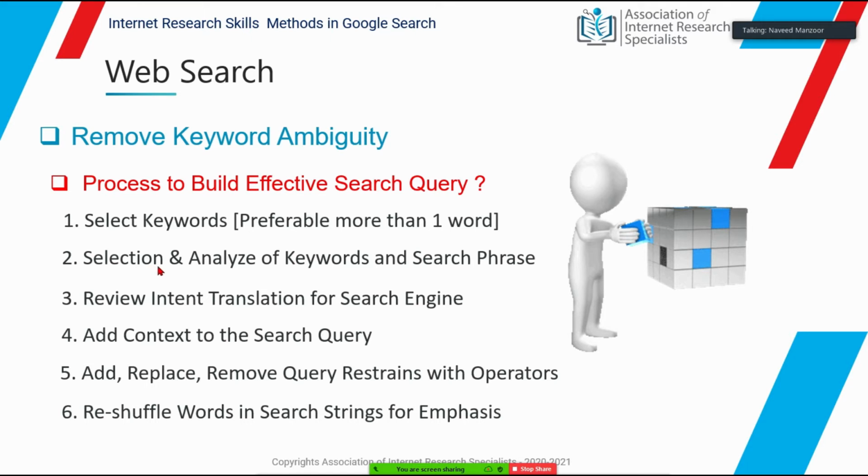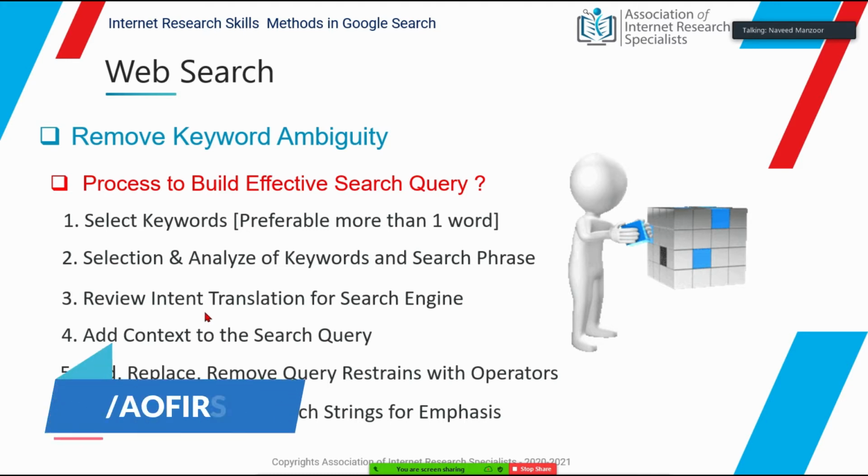We have to analyze keywords and search phrases. We have to review intent translation for the search engine. The better we understand how the search engine operates and understands linguistically the meaning behind your search words is important. So we would touch upon what the intent translation is from the search engine side.